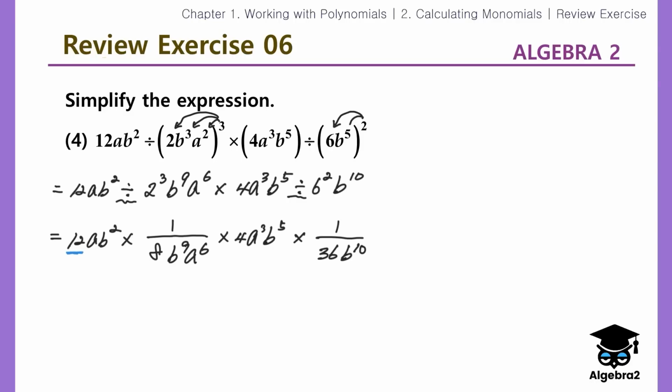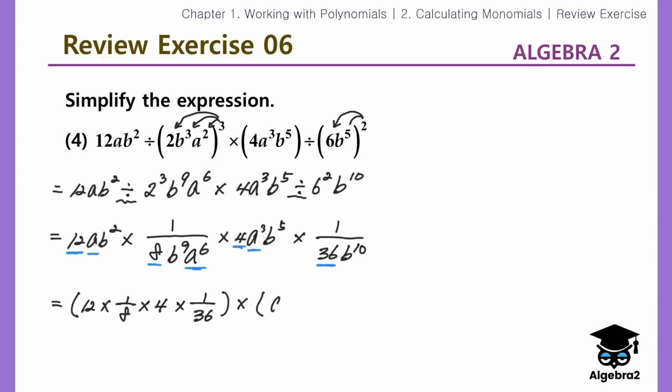12, 1 over 8, 4, 1 over 36. So numbers first. 12 times 1 over 8 times 4 times 1 over 36 times variable a. We have a, 1 over a to the power of 6, a cubed, right?